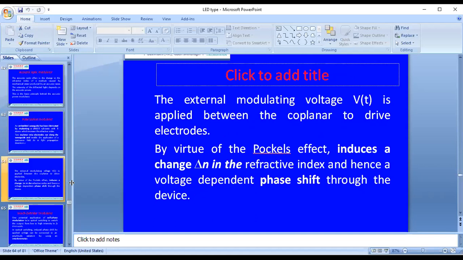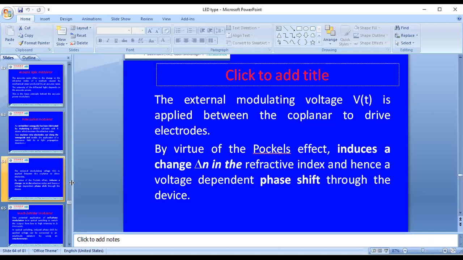The external modulating voltage V is applied between the coplanar electrodes and is used to drive them. So this will be observed through the Pockels effect, which induces the change in refractive index of the core material, the refractive index for that particular radiation light.